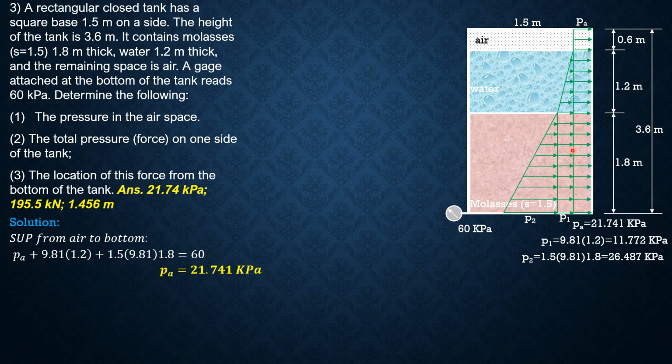We will call the force represented by this pressure of air F1. Because the height of the tank is 3.6 and this is a rectangular pressure distribution, F1 acts at half of 3.6, so 1.8 meters from the bottom. Then F2 would be the volume of this pressure diagram here, which is triangular.